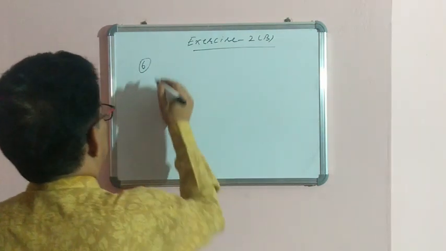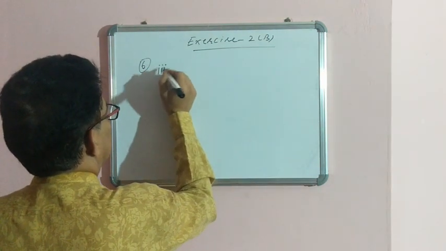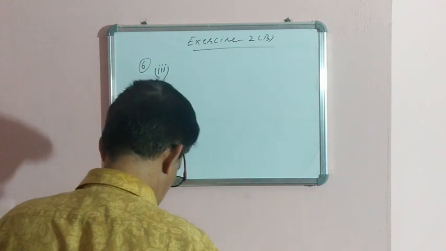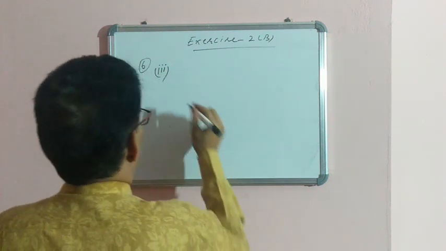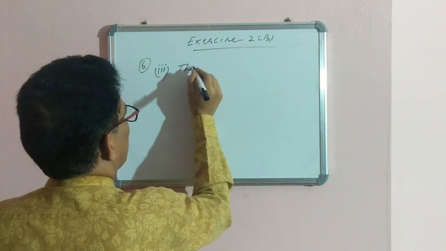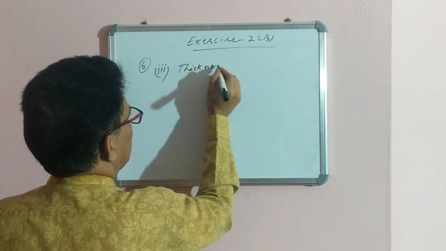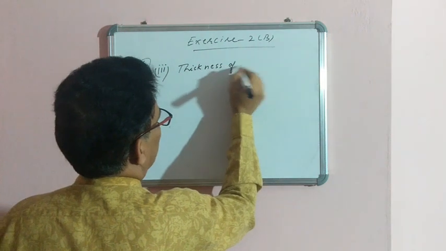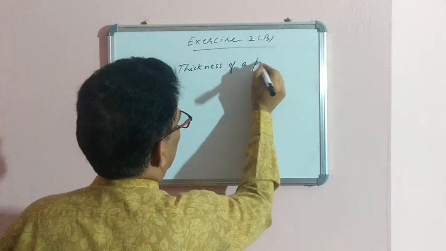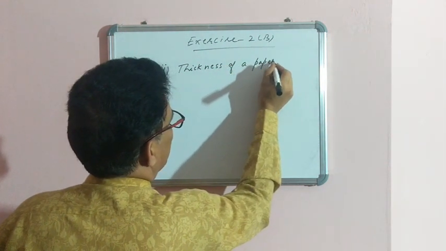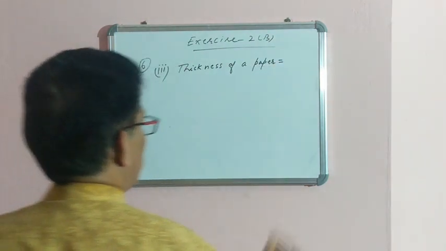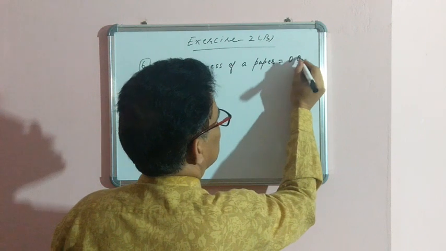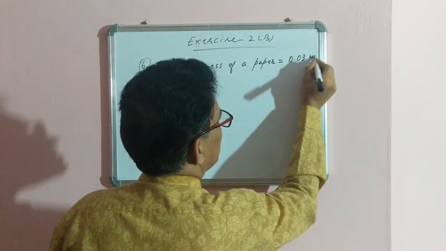Third part is the thickness of a paper. Thickness of a paper is given equal to 0.03 millimeter.